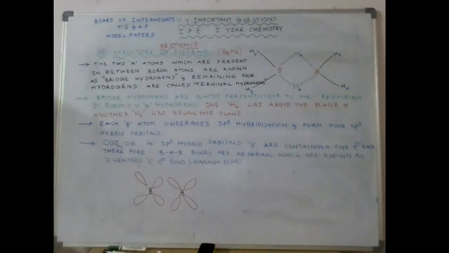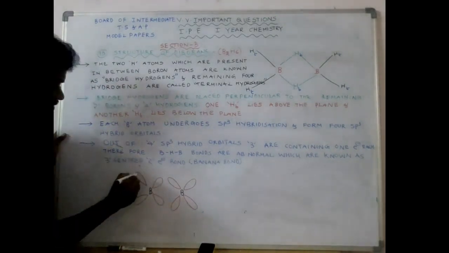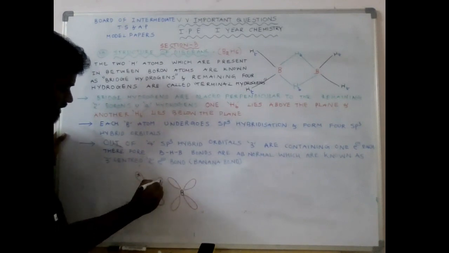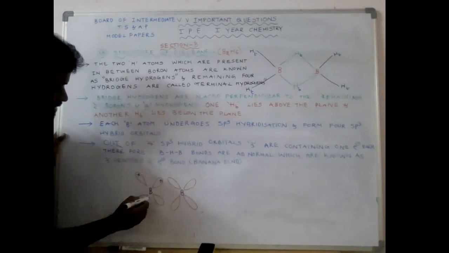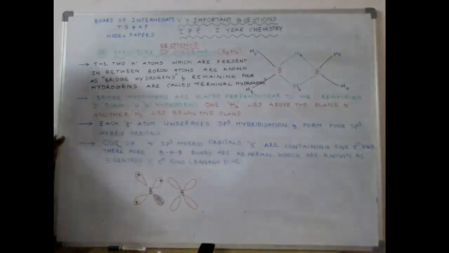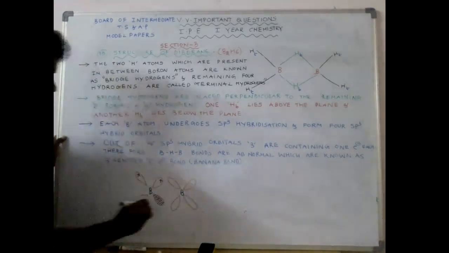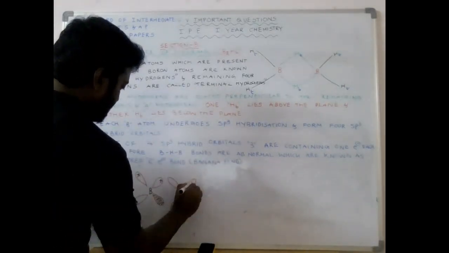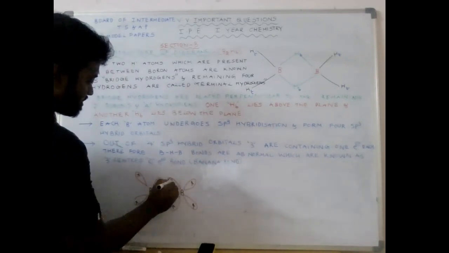Out of four, three contain one electron each: here one electron, here one electron, here one electron. This one is vacant, that vacant one I am drawing like this, an empty orbital. The same way here one electron, one electron, one electron, and this one is an empty orbital.